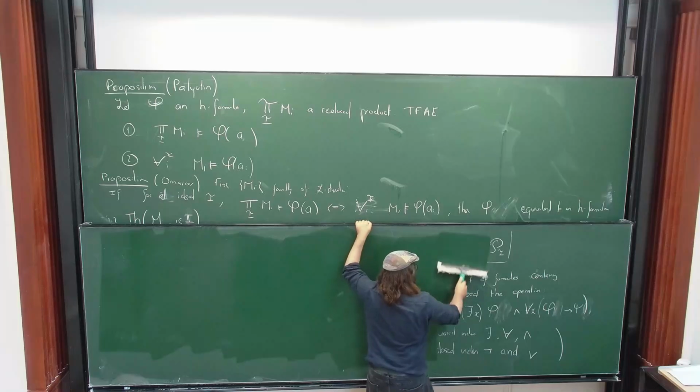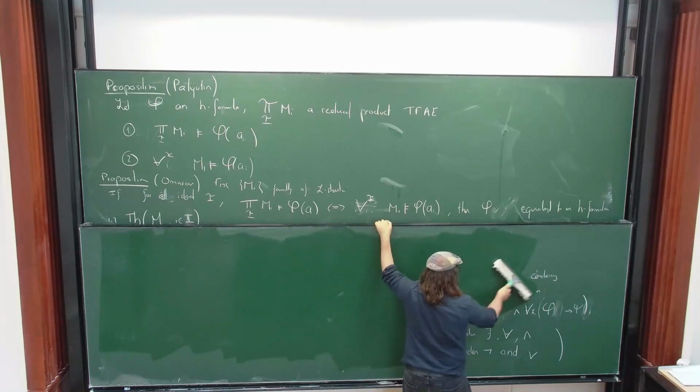Okay, so now I can characterize when the support function of the product is defined.